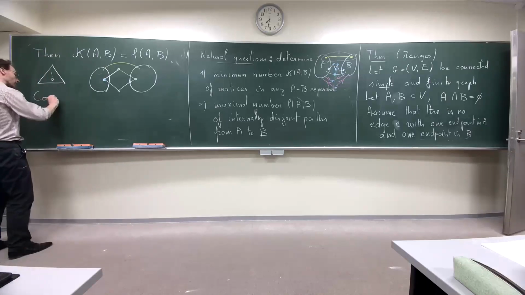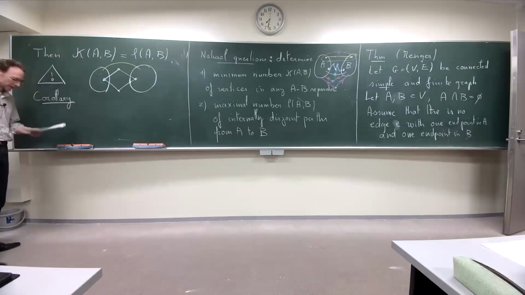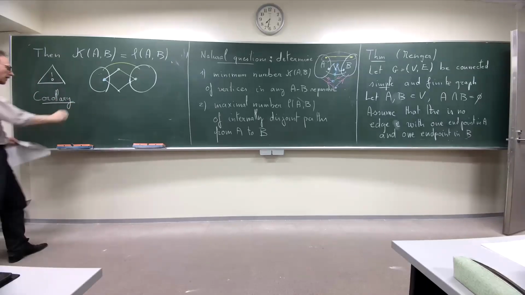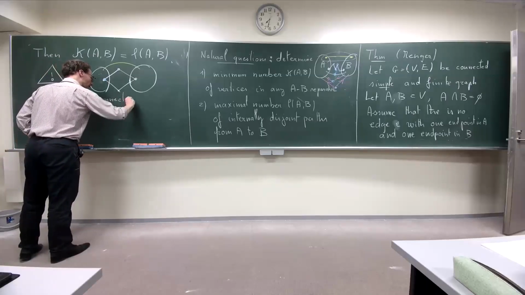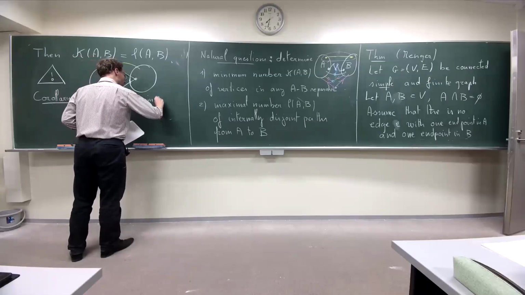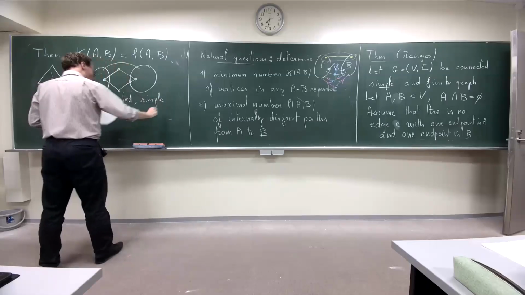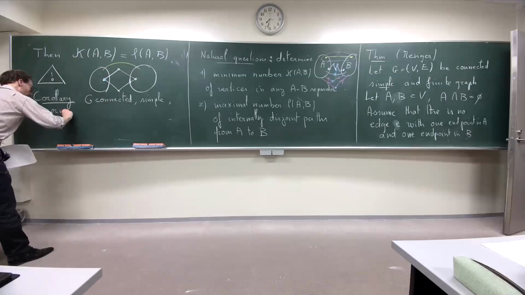Corollary, which is an easy thing. G connected, simple, unoriented. Now I take it unoriented.